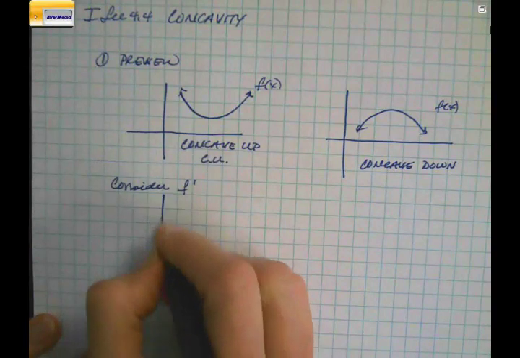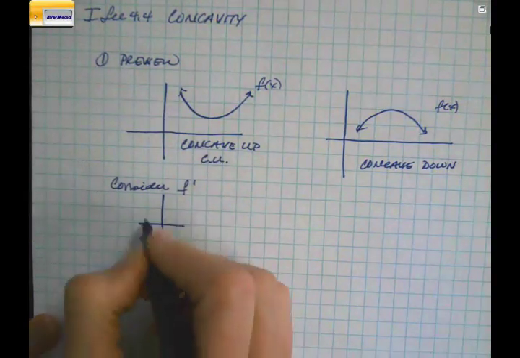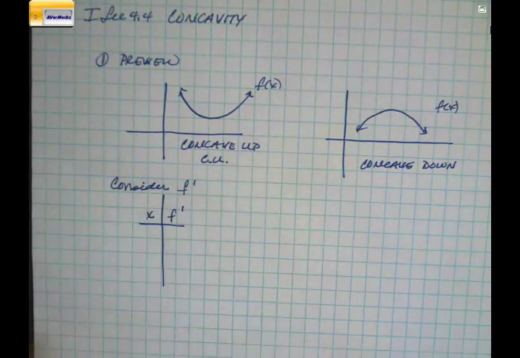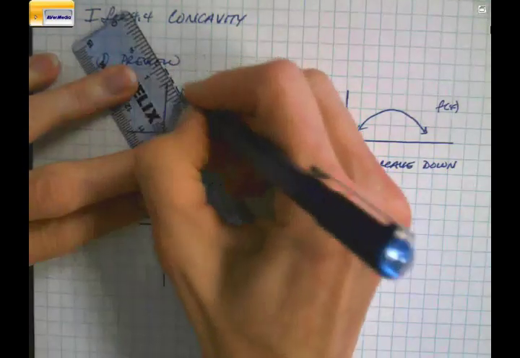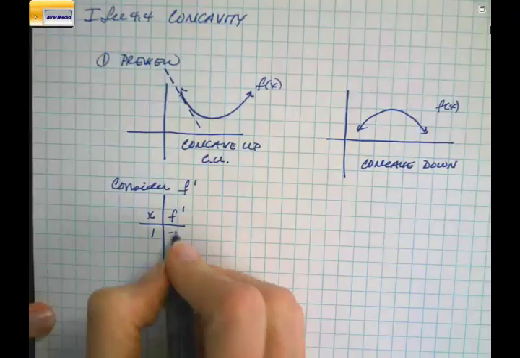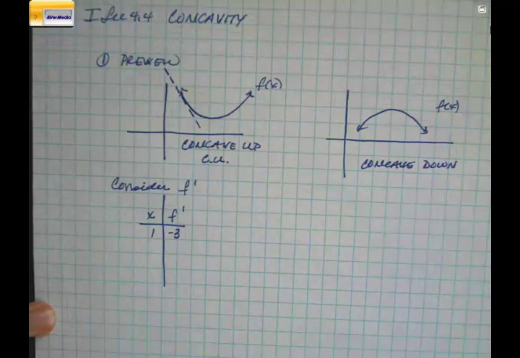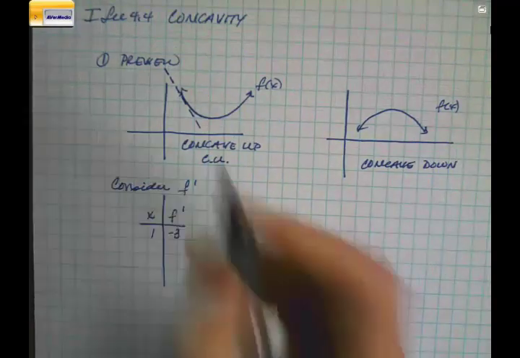And so looking at this graph up here, we're just going to kind of guesstimate the x values and the values of the slope of the tangent line to the graph. If we look over here, say when x is 1, your tangent line would look something like this. And I don't know, maybe that has a slope of like -3. Now, remember, this is f prime. This is the slope of the tangent line.